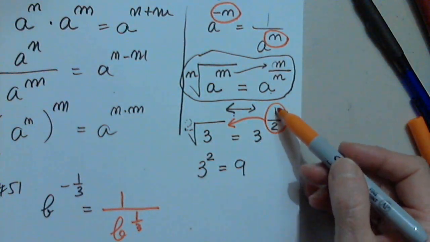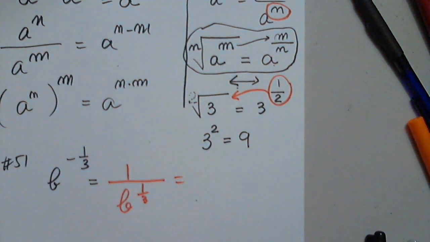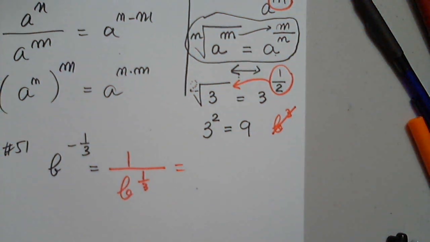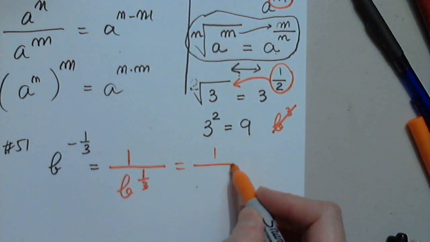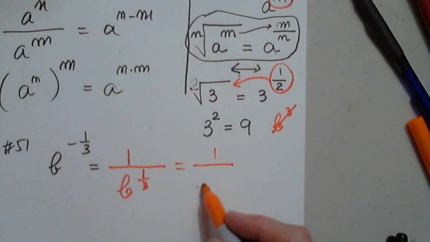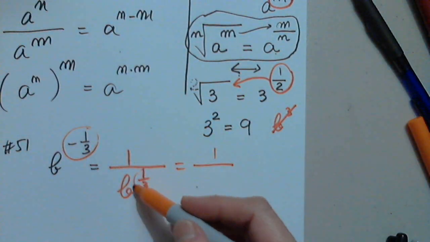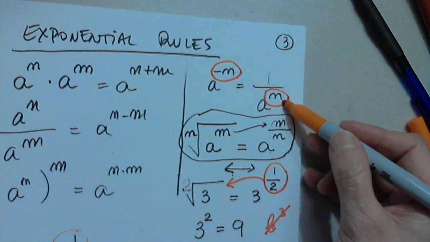B to a fractional exponent has to change into a radical, not to be cubed. This is a fractional exponent. If the exponent's negative, then that's why it goes in the bottom of the fraction. This was given to us as a fraction, so now it's a fraction here. So this is negative 1/3, this is positive 1/3.